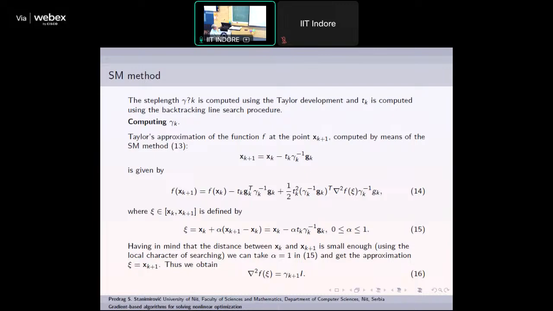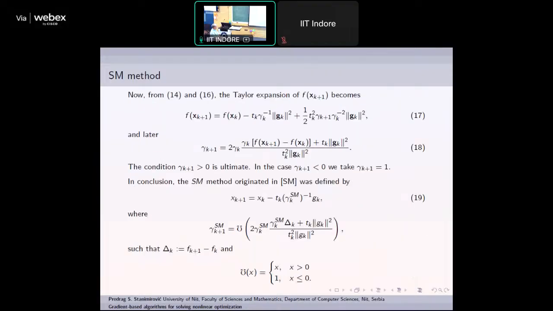Use this point in the middle between two successive approximations, x k plus 1, and obtain a rule for how to compute gamma k during iterative steps.